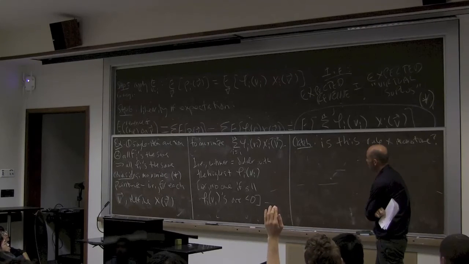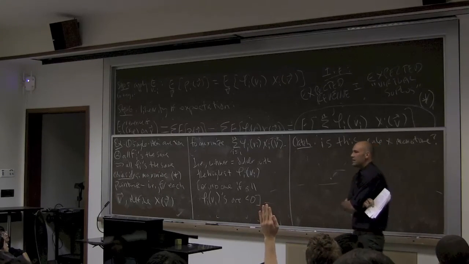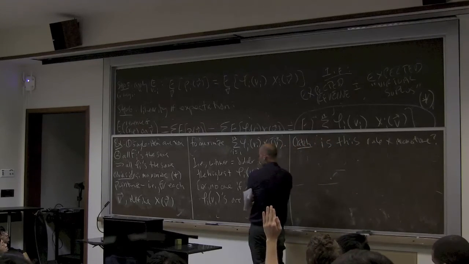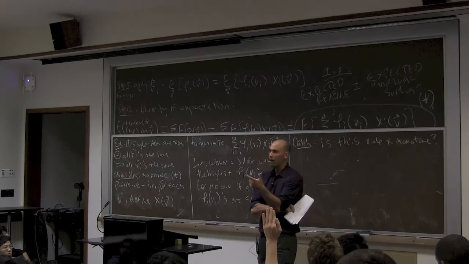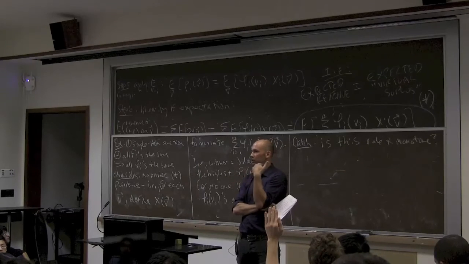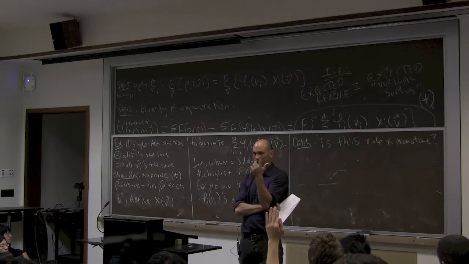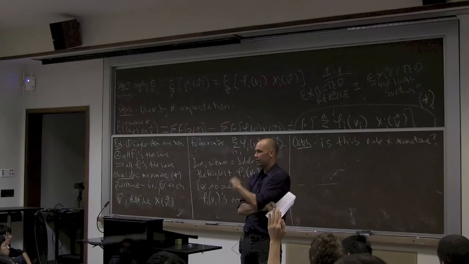Like a condition on phi? So if phi is non-decreasing, right? What's the allocation rule basically? It's basically give it to the person with the highest virtual value. Monotonicity means that if you win and I bring your value up, then you should still win. So as long as bringing your value up only brings your virtual value up, then you'll remain a winner. So phi being non-decreasing is a sufficient condition for this rule to be monotone.